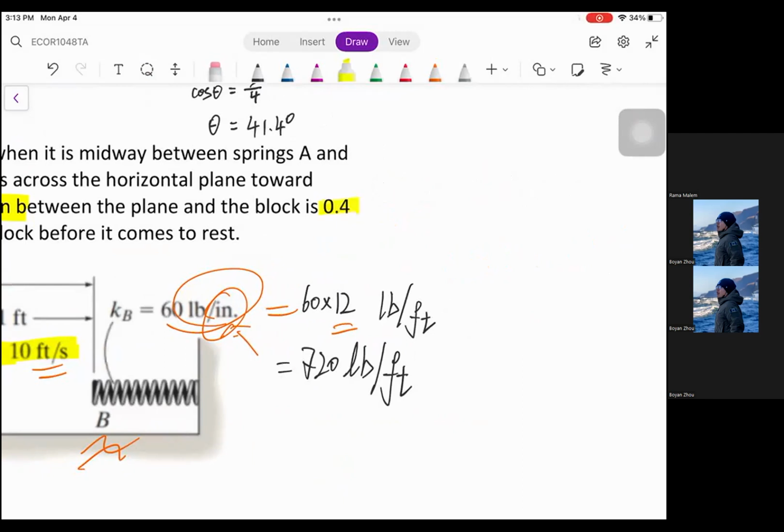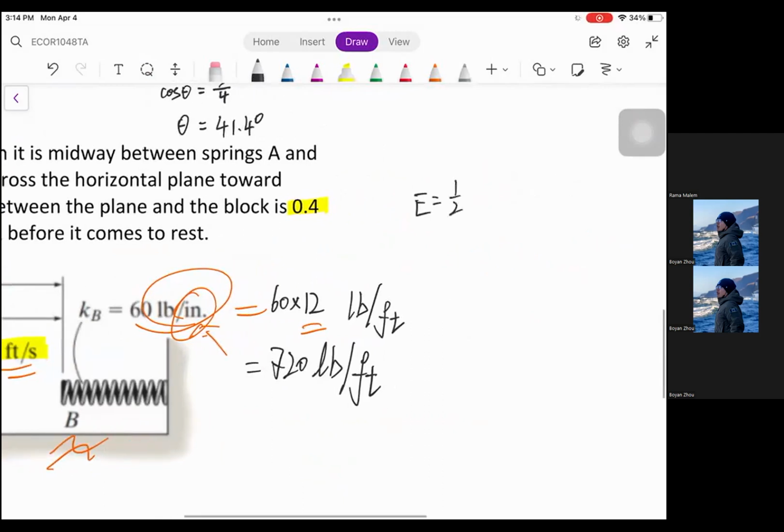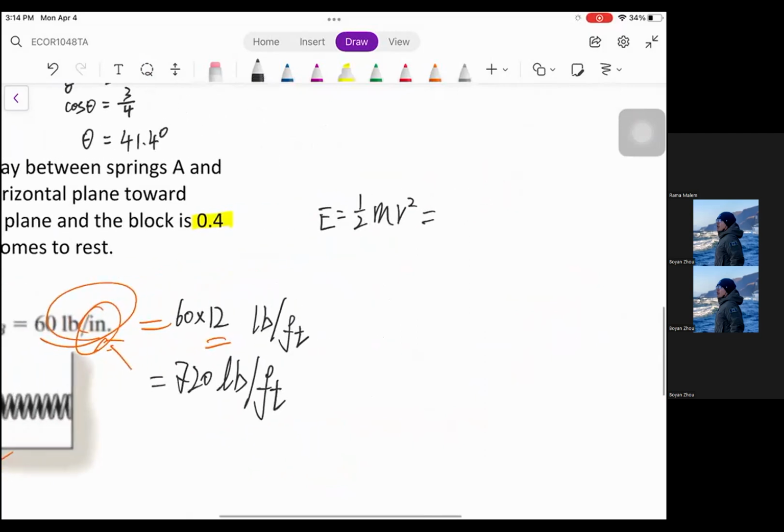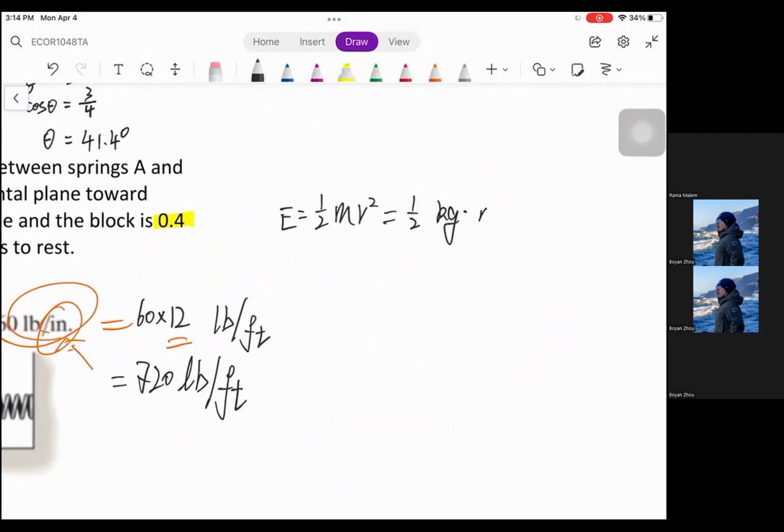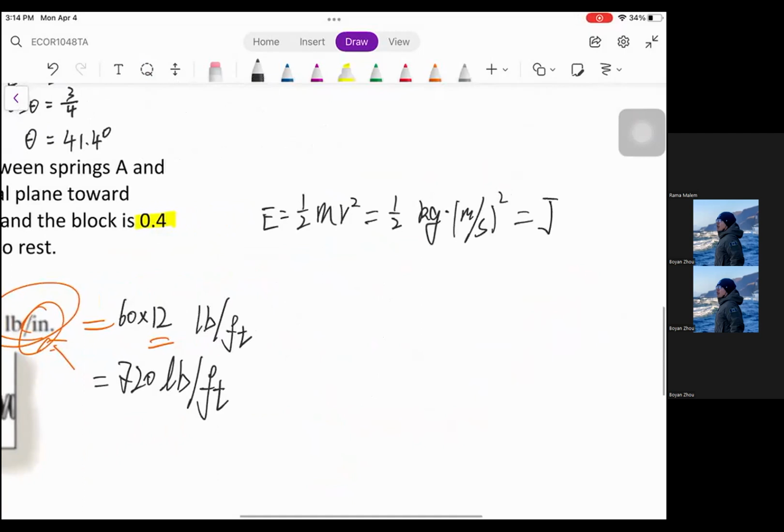Another thing, when we're doing the energy calculation in empirical units, the unit is a bit weird. In SI units, if I'm doing half mv squared, the unit for mass is kilogram, and the unit for velocity is meter per second, and the energy unit is joules.